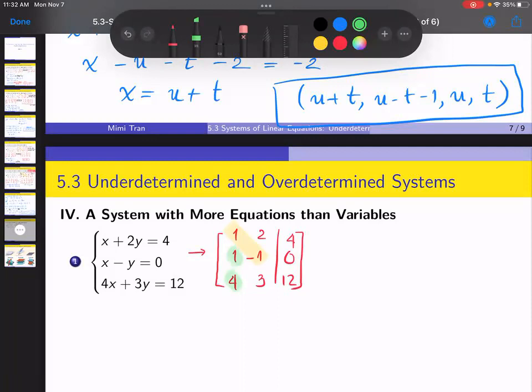So maybe the 3 as well. Maybe you do the 3 as well. But that's also below. Right.